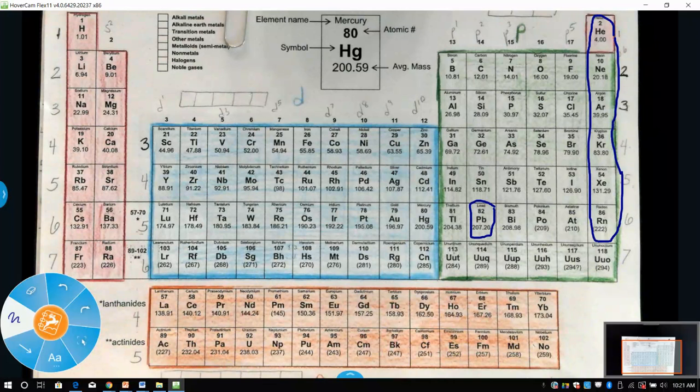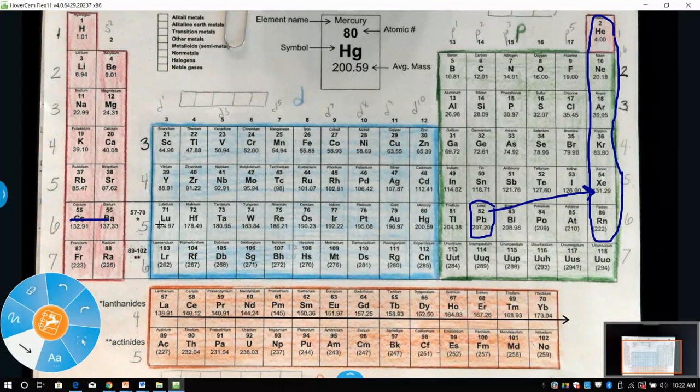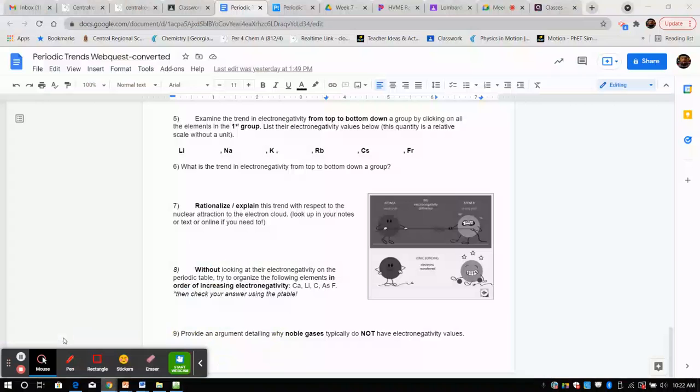We can't use radon because that has 86 electrons. We only have 82. So we would use xenon first because that takes care of the 54 electrons, and then we would have to write out the remaining pieces. After 54 comes 55, 56, and then from there, 57 through 70. That would bring us up to 71, which is our 5d block, and then we're in our 6s2. Okay? All right.